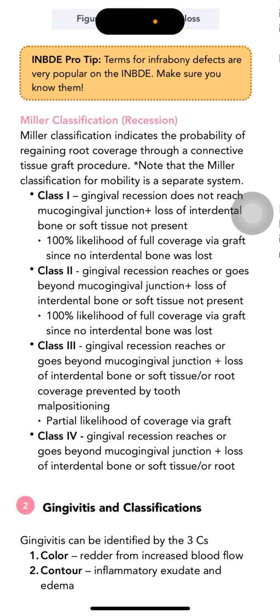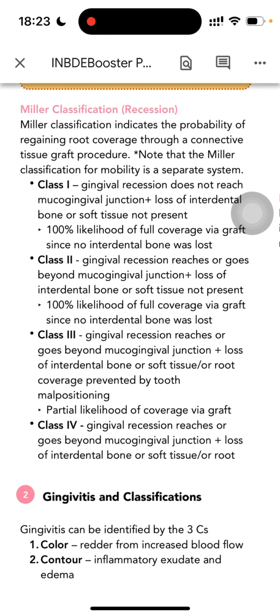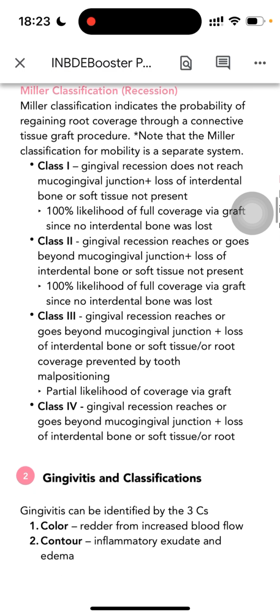Class 2: gingival recession reaches or goes beyond the mucogingival junction. Loss of interdental bone or soft tissue not present. 100% likelihood of full coverage via graft since no interdental bone was lost.